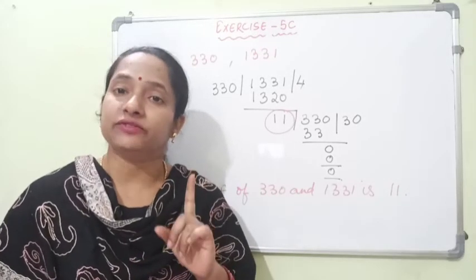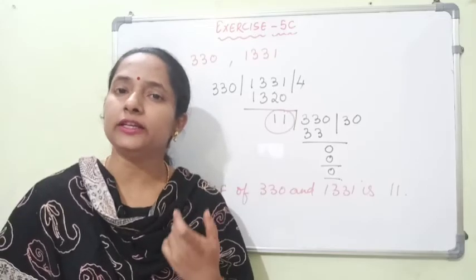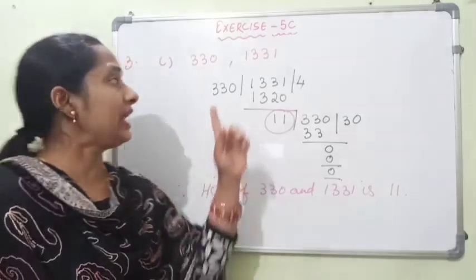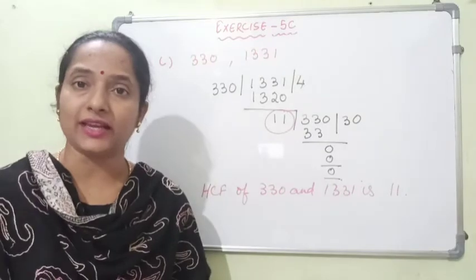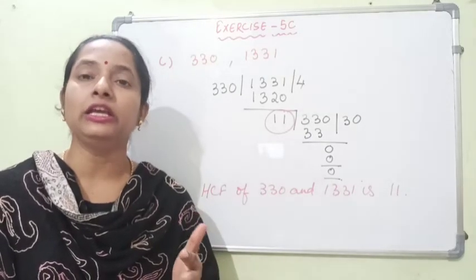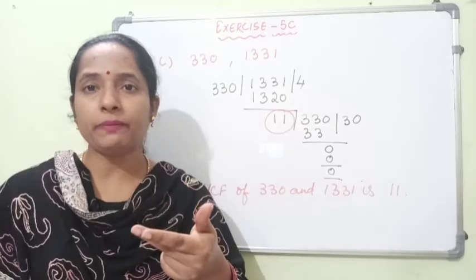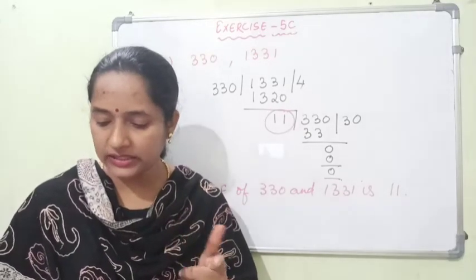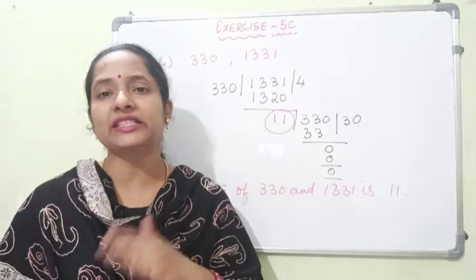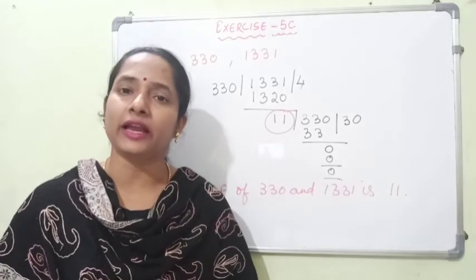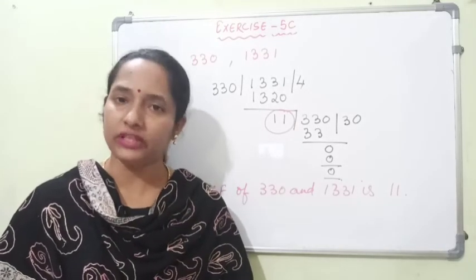Means whatever HCF you get, it is the greatest number that can divide these two numbers exactly. This means ultimately it is the HCF of those given numbers. So for question number 4 and 5, you have to find the HCF of the given numbers.